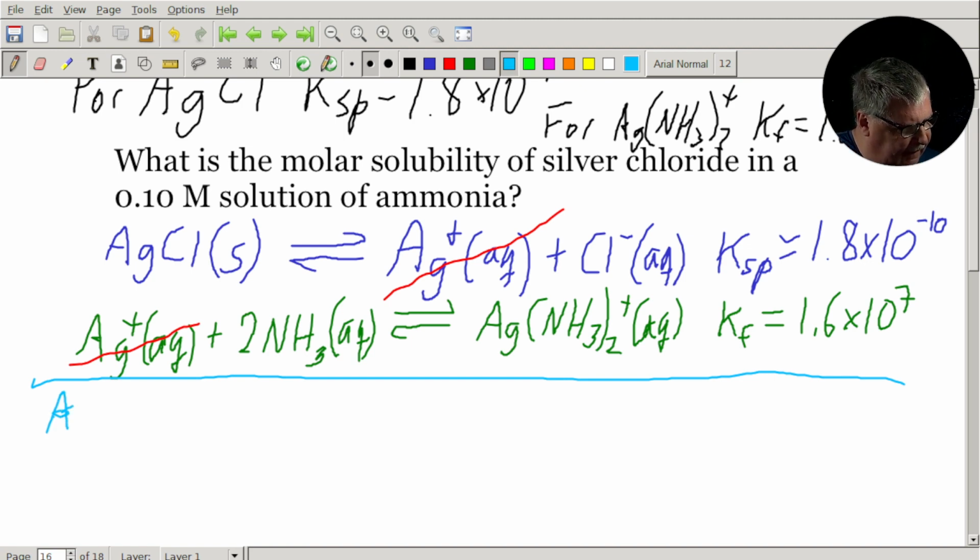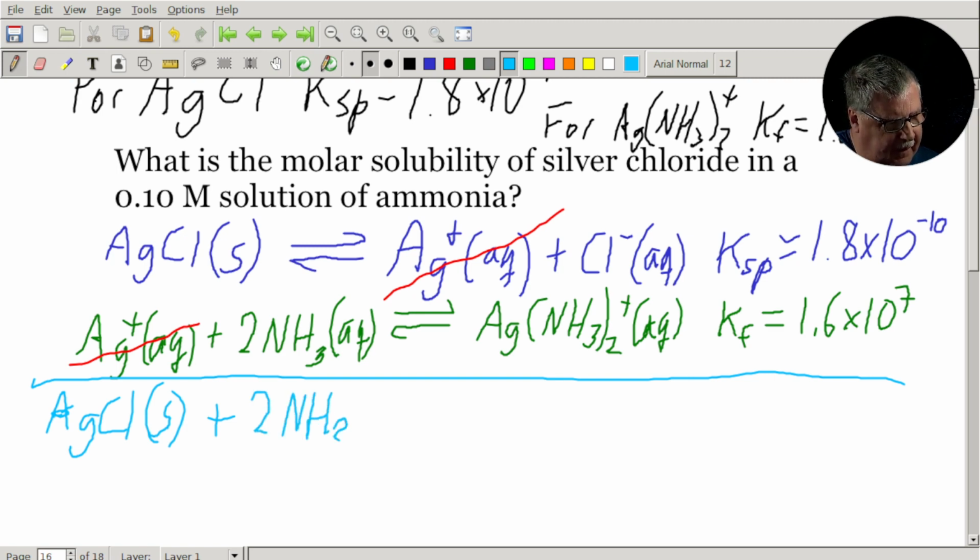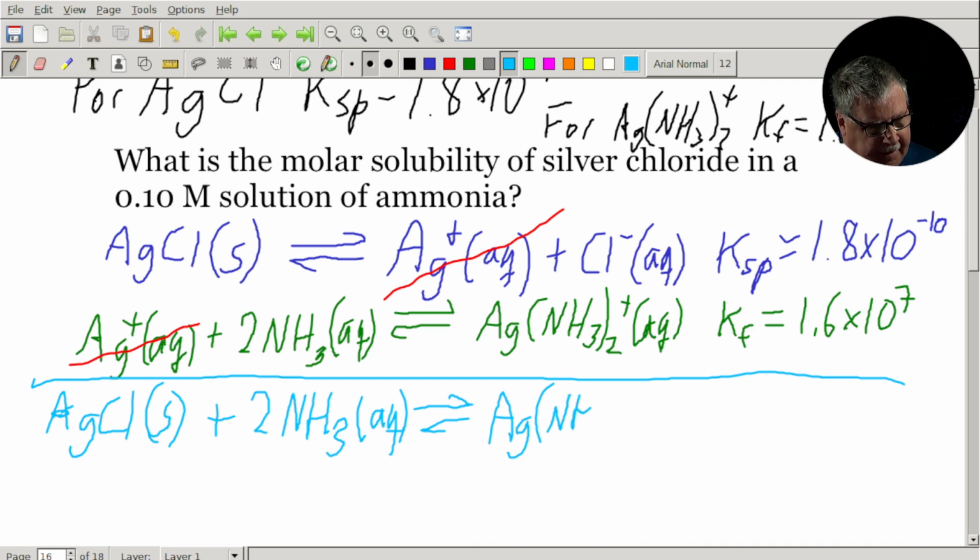So if we combine these two equilibria, we end up with this: solid silver chloride plus 2NH3 in equilibrium with the complex in solution and chloride ion in solution.